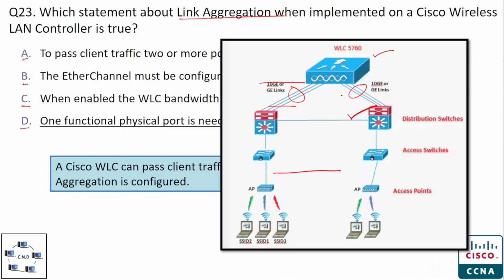This is how it works. But the question here suggests that even if you use one link and configure link aggregation, it will still work. It will pass the client traffic. It is recommended that you have multiple physical ports, but if you do not, even a single port will still pass the traffic and the configuration will still work.